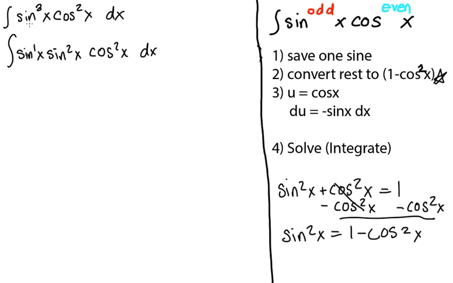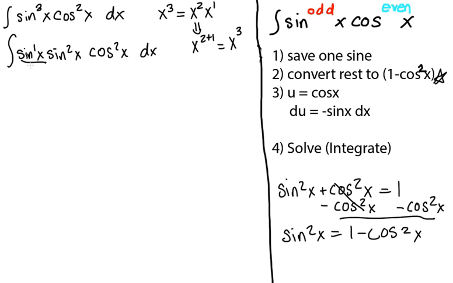Okay, so we saved one sine, and then what we'll have left is sine squared x. This comes from, so sine to the third x is the same thing as saying sine to the first x times sine squared x. The whole idea here, it's like if I had x to the third, that's the same thing as saying x squared times x to the first, because x squared times x to the first is the same thing as saying x to the 2 plus 1, which is just x to the third.